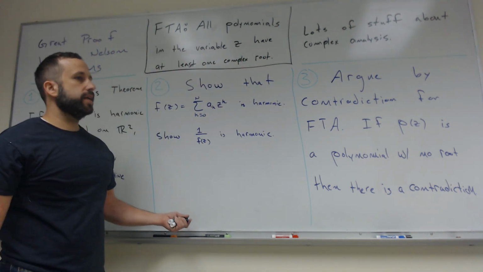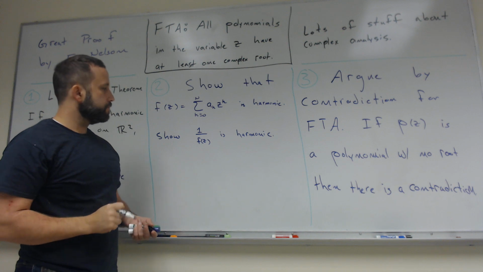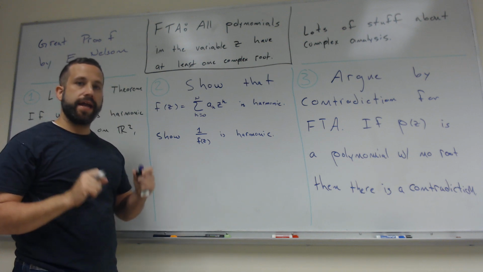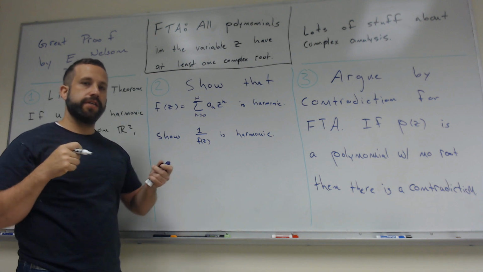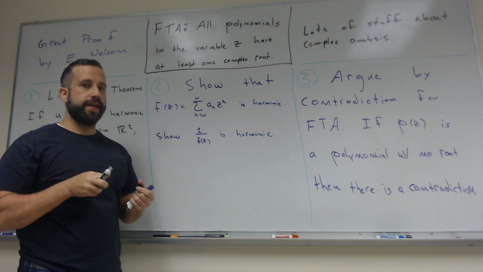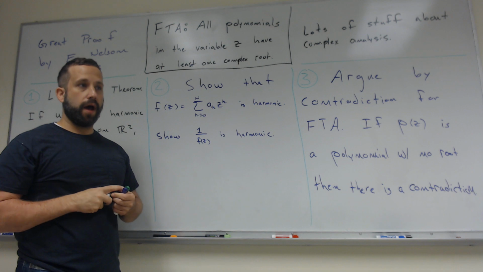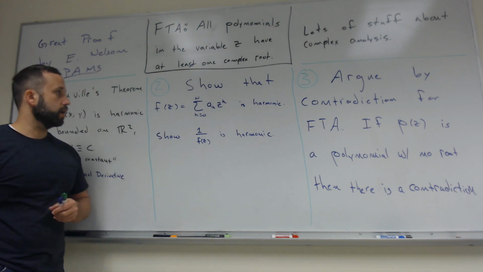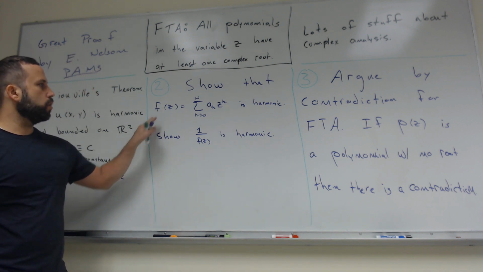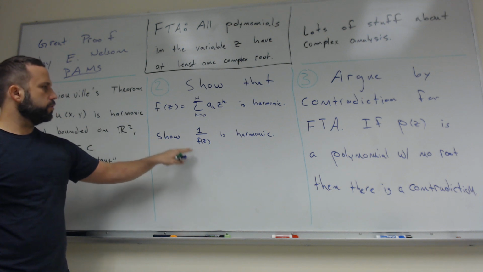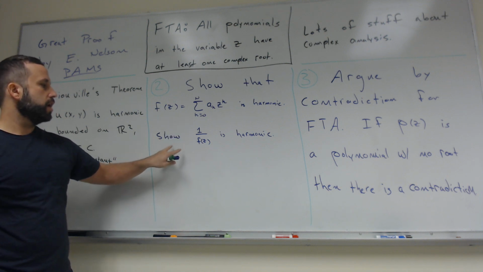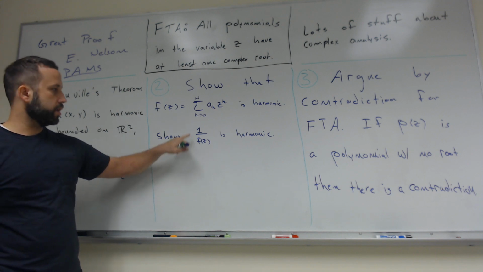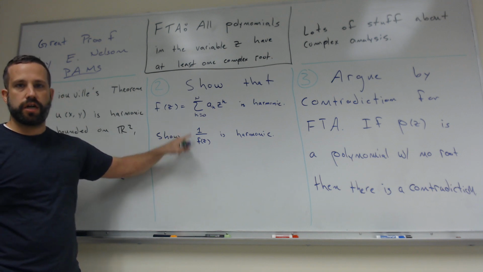The reason there's a connection is that if you have an analytic function, the real part and the imaginary part of an analytic function are harmonic. And so when we say 1 over f of z is harmonic, this needs a little bit of care, because if f of z has a 0, there's going to be a problem there.